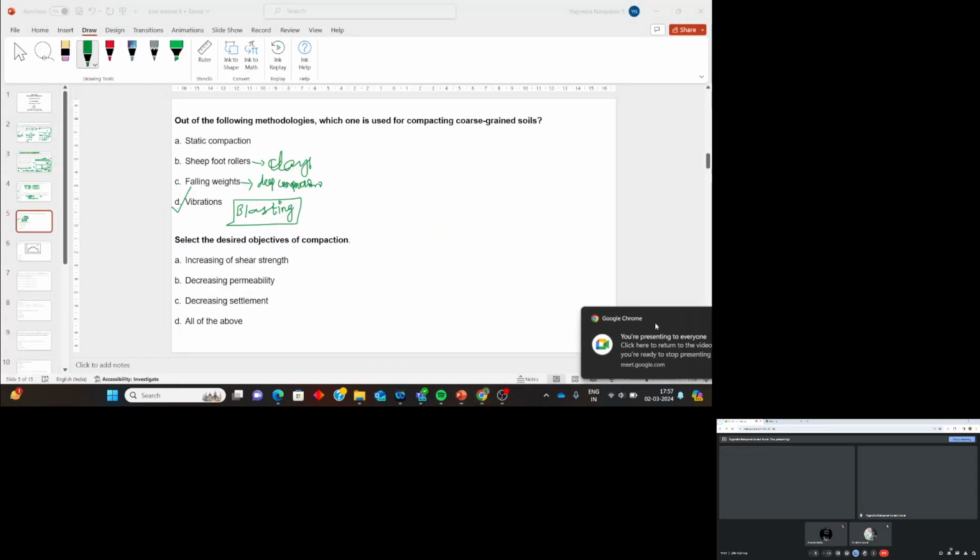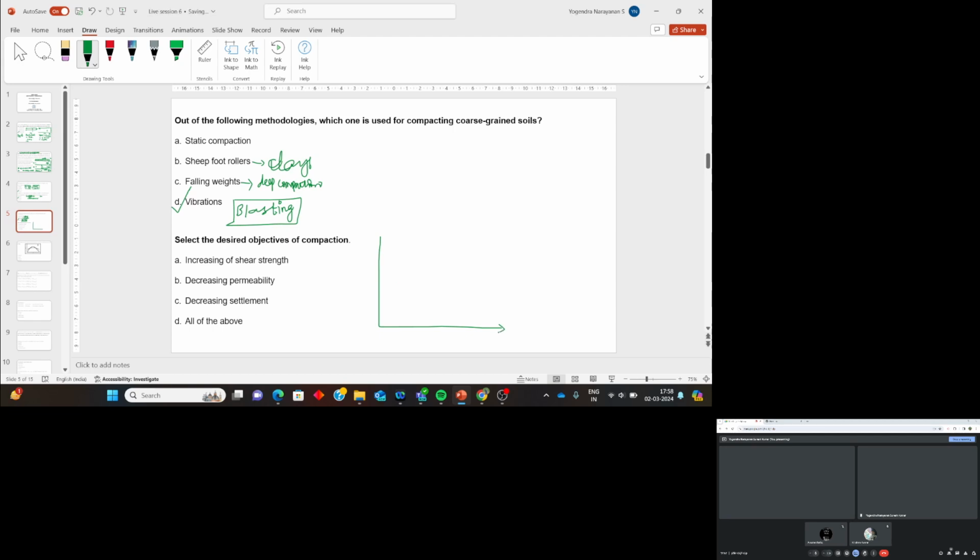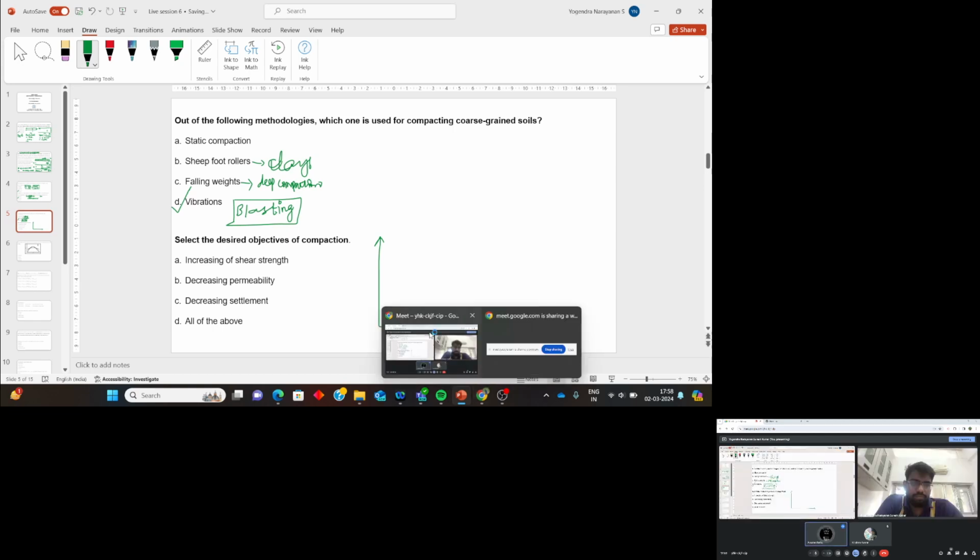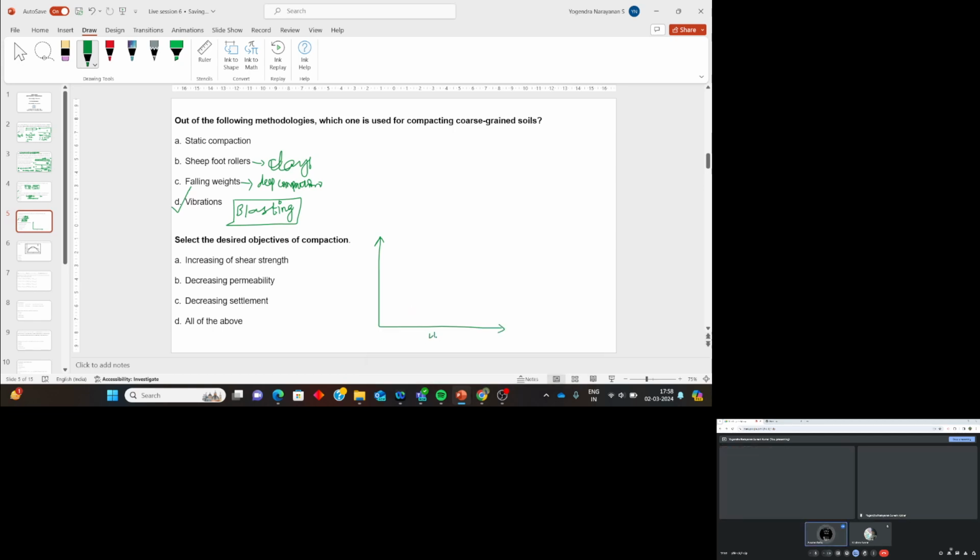Right. So what does compaction do first? You know the compaction characteristics. With what will you plot the characteristic curve? What will be on the x-axis? Water content. And the y-axis? Gamma dry.